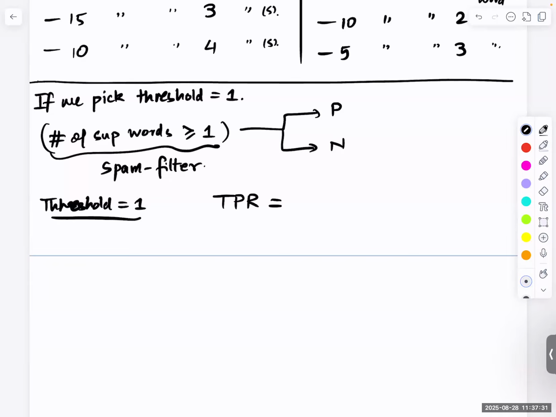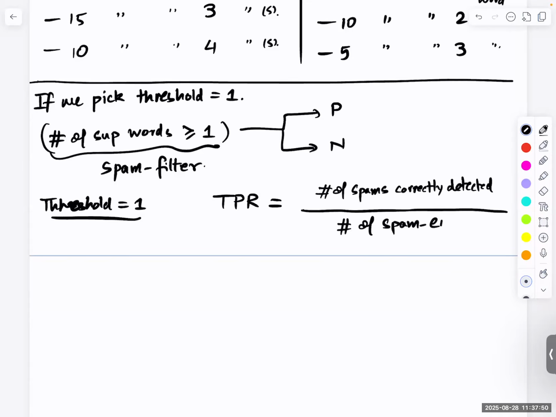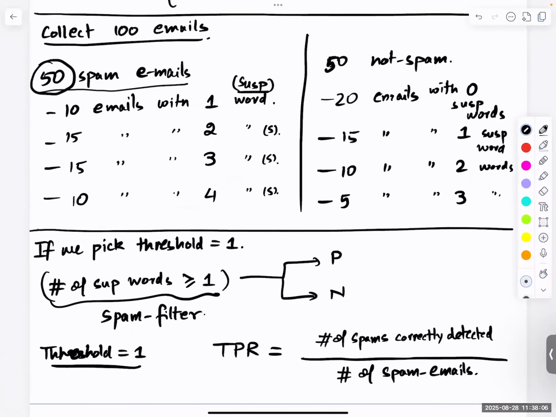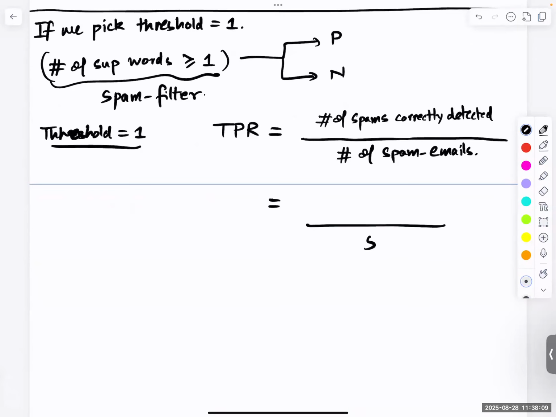It's the number of spams correctly detected divided by the number of spam emails. Given that the ground truth is spam, how many spams were correctly declared as spam? That's the true positive rate. So what do you think is the true positive rate? How many spam emails do I have? I have 50 spam emails, so the denominator is 50.